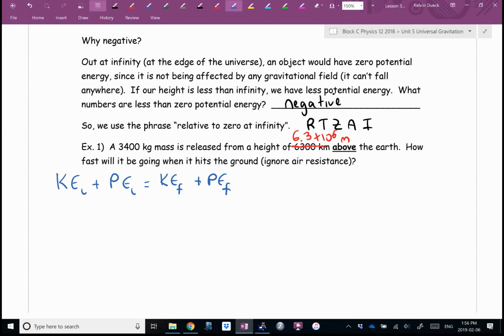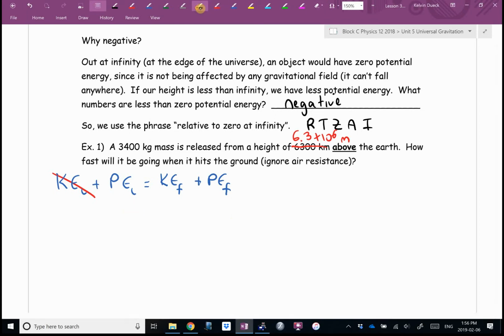Nobody goes to the calculator until I say, for a reason. You'll see why, not to be mean. Are any of these zero? I think we're going to say, since it says released, that kinetic initial is zero. Unfortunately, final potential is not going to be zero. Zero would be all the way out in infinity. Final potential is not going to be zero.